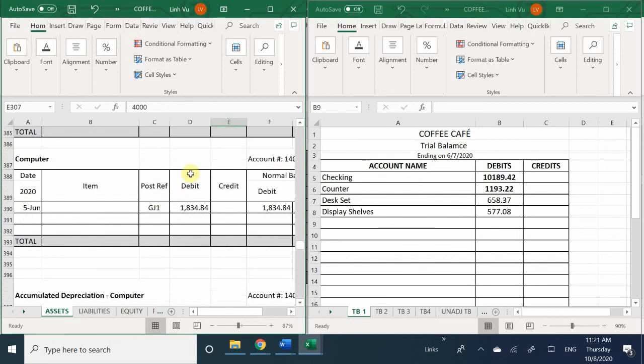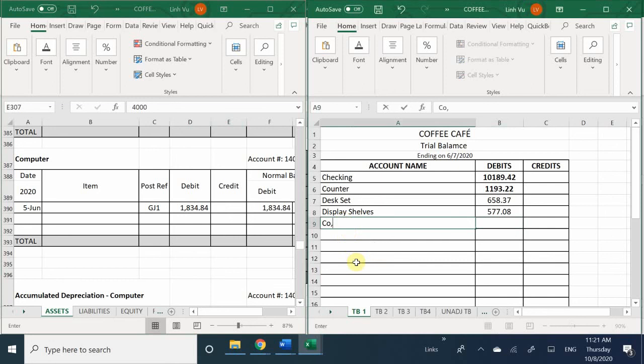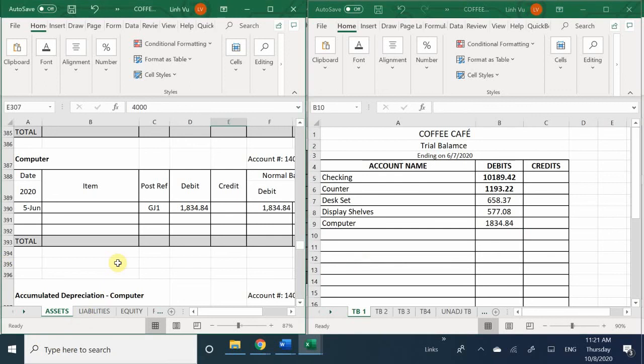We do, right? It's broken down into a computer. So do we have a computer? Yes, we do. So computer for what amount? 1384.84.